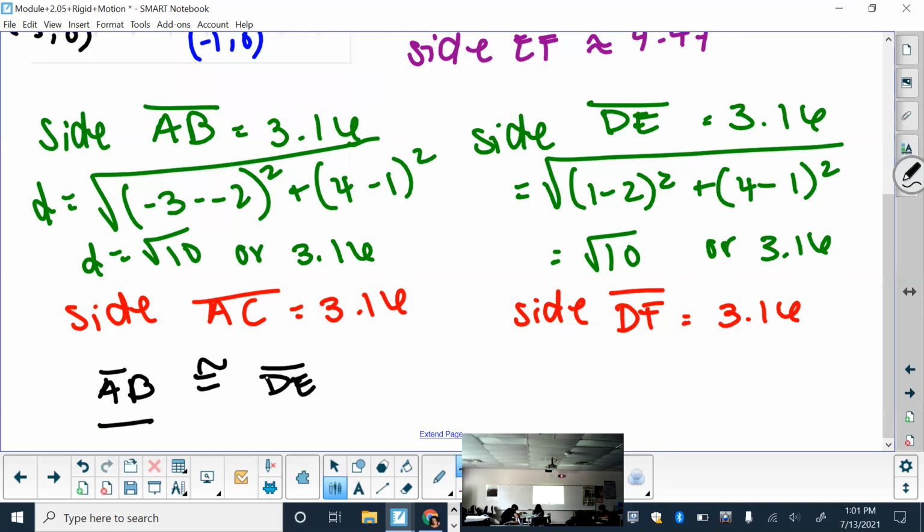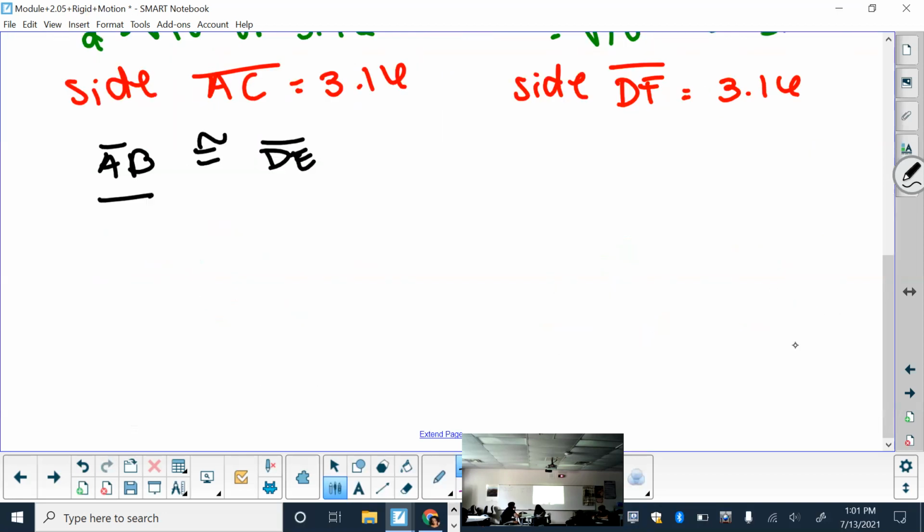It's congruent to side DE. We have side BC congruent to what side? Right, it's congruent to side EF.